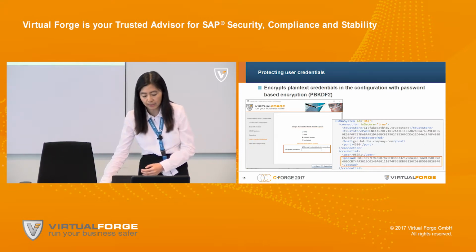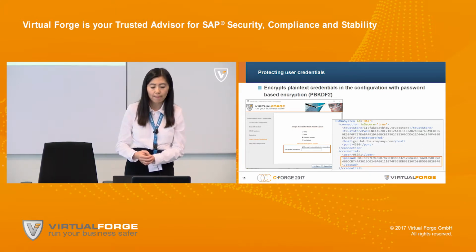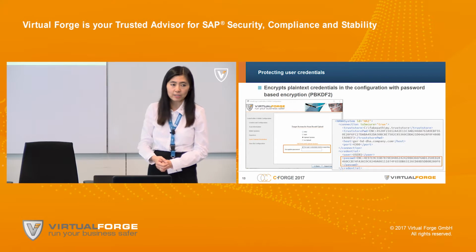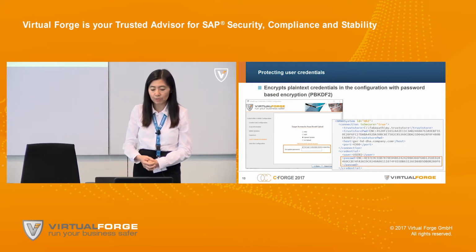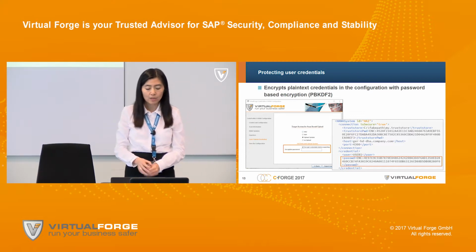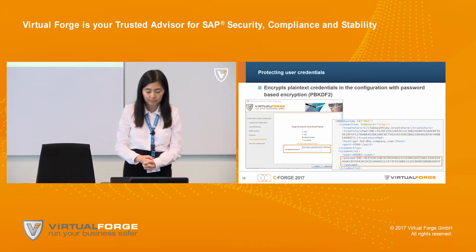So the result here is your credentials will be encrypted. For the encryption, we use password-based encryption. You type in here, in this field, your password. We derive from your password a secure encryption key. We never store your password, and we never hard-code any cryptographic keys in our product.